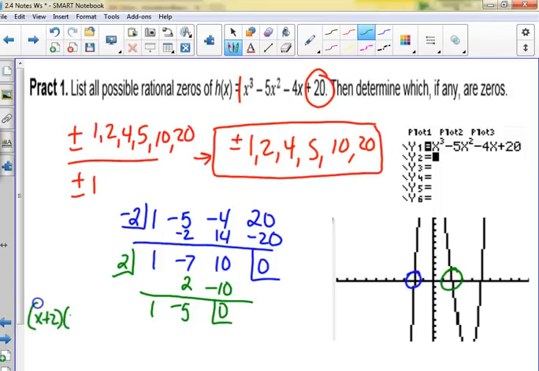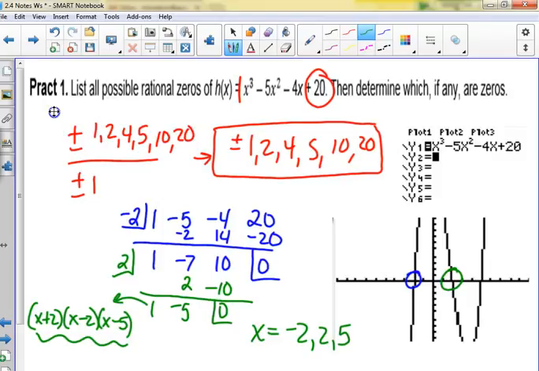We'd have x plus 2, x minus 2, and what is this leftover piece right here? x minus 5. Those are the factors, but today it said find the zeros. What are the zeros? Okay. Could we have graphed that and just tested all three of them? Yep. I just want to make sure you remember the successive division piece.